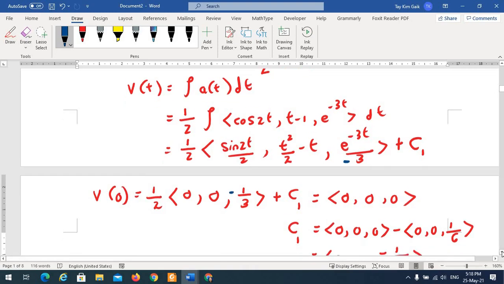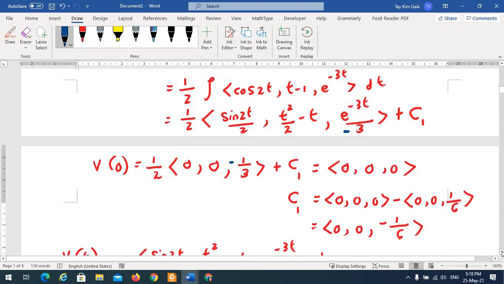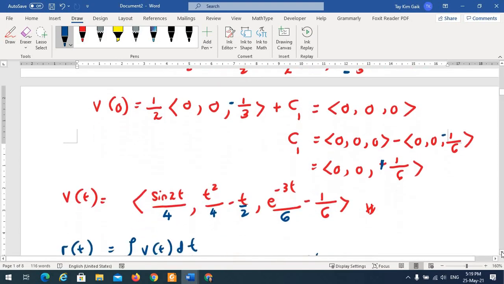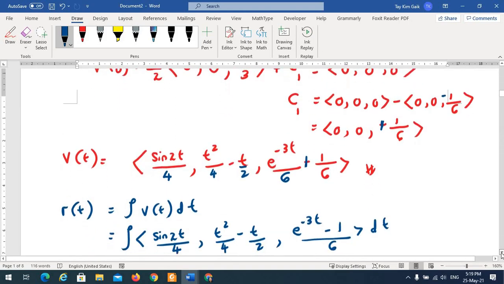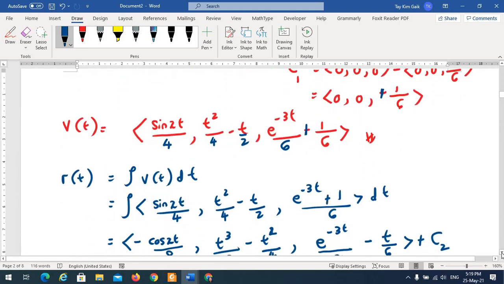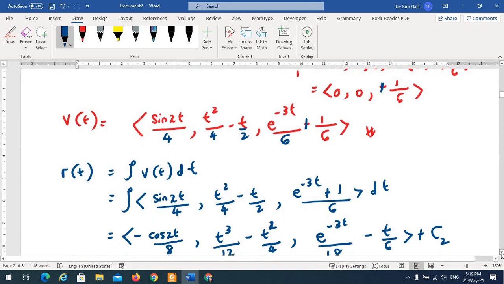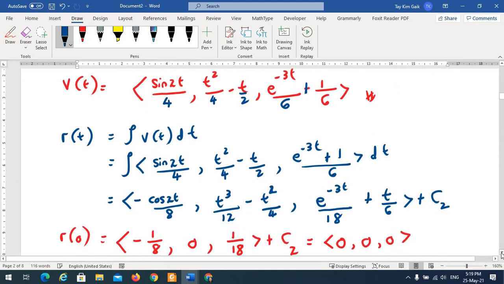Half times negative 1/3, so this is negative 1 over 6. So minus negative C1, this is positive 1 over 6. So this is positive.